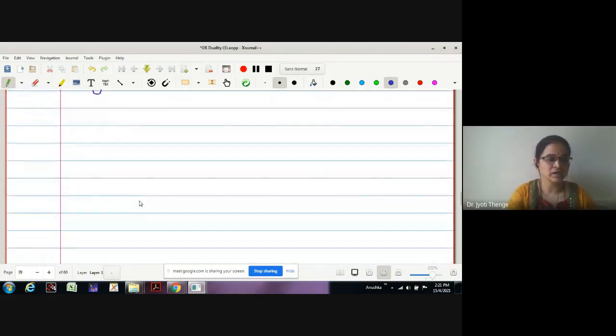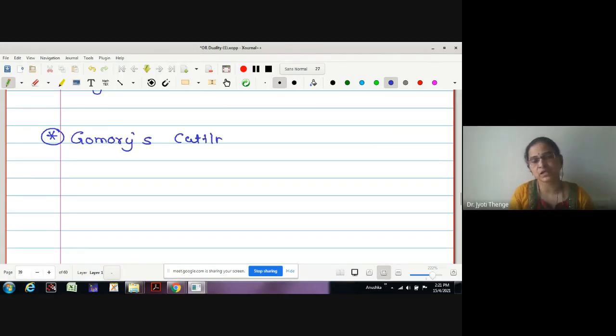Let us start with Gomori's cutting plane method. As I told you already, in this method we are going to introduce a new constraint so that we can cut the feasible region to avoid the fractional values of the decision variable.